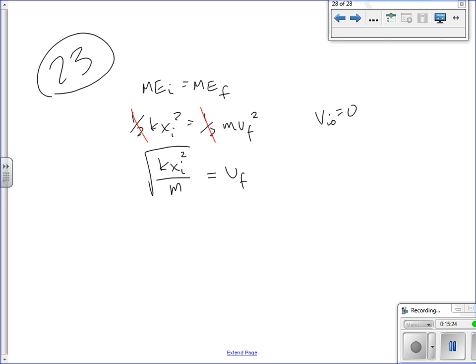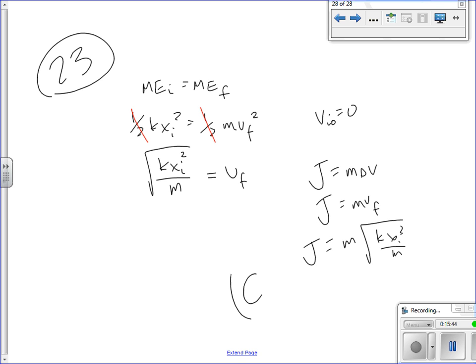V naught, or V initial, is 0. So that means if we want the impulse, it's really just that. Okay? See, that's what I get.